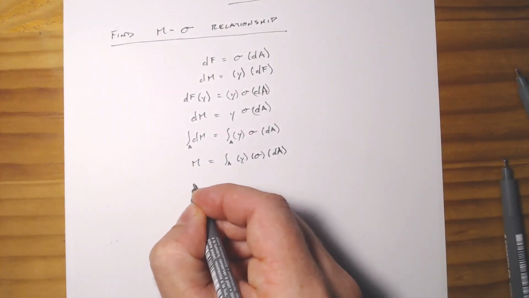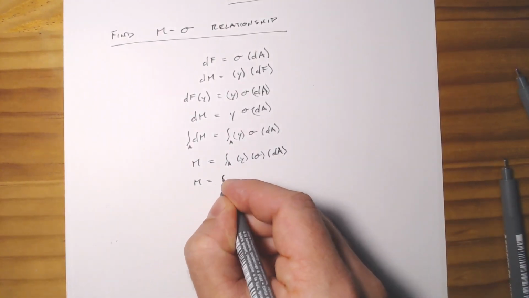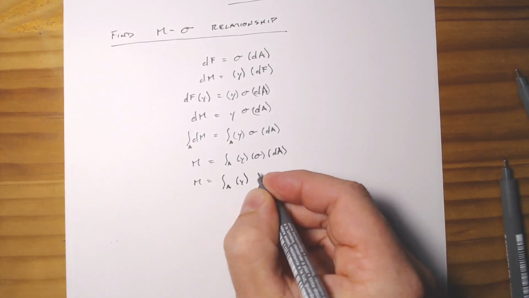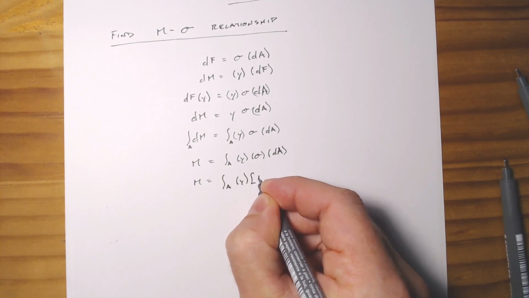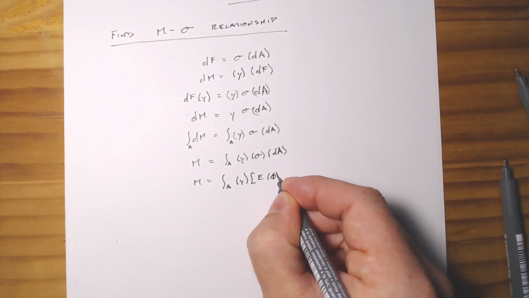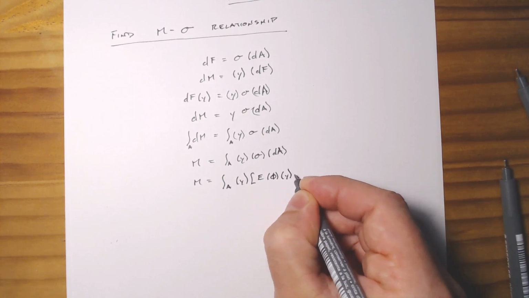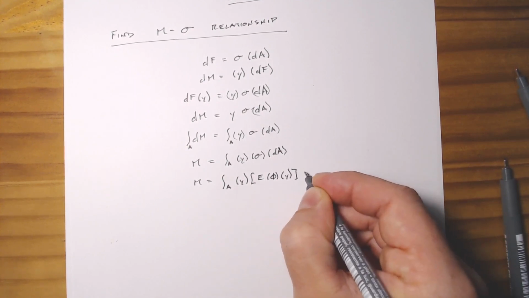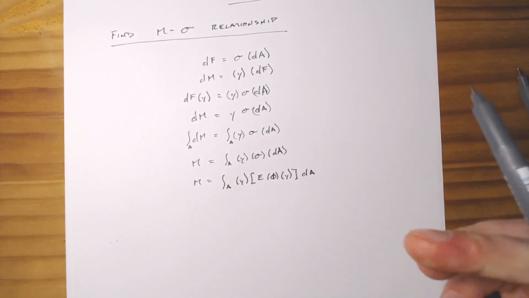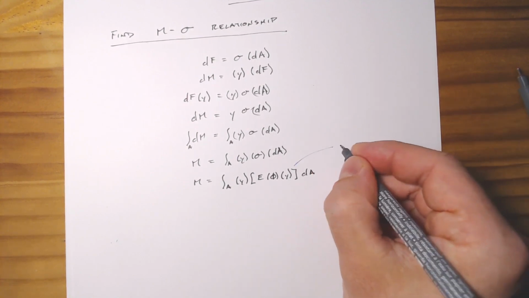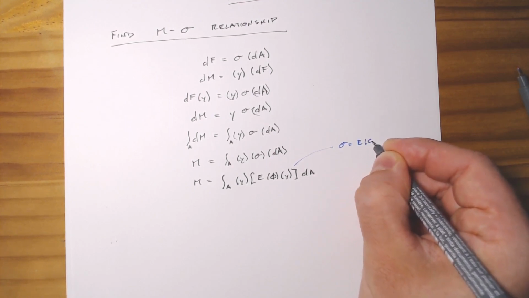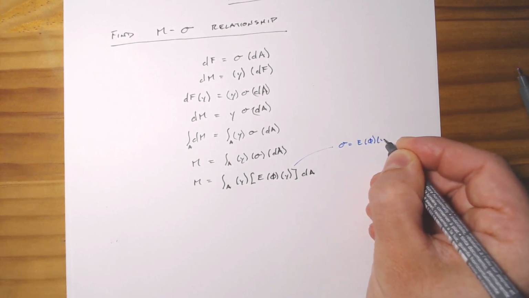So M equals the integral over A of y times E times our curvature times y dA, where this is simply the fact that stress equals Young's modulus times curvature times y.